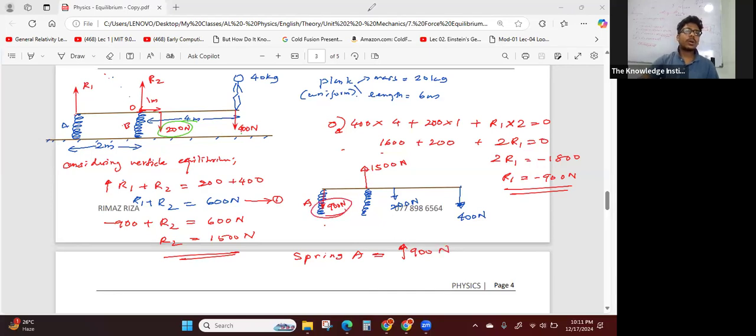But if you already know that this force will be downward, then you mark it downward and you can take minus R1 into 2. But here I have marked the force upward, assuming I don't know. So when we do the calculation, we found it is minus, meaning that it will be downward.